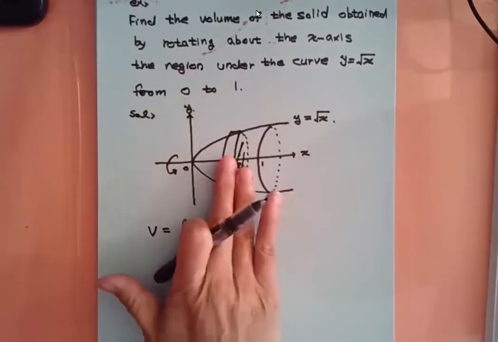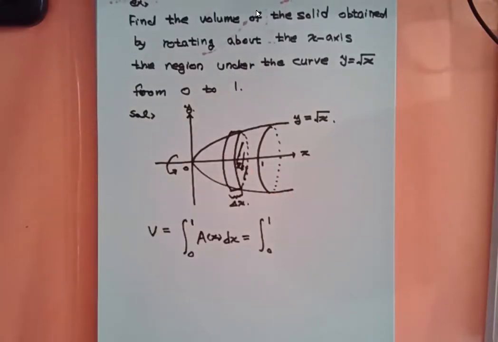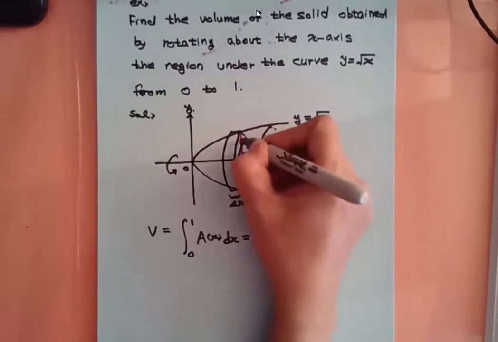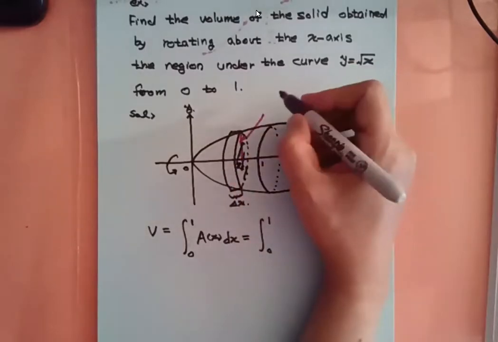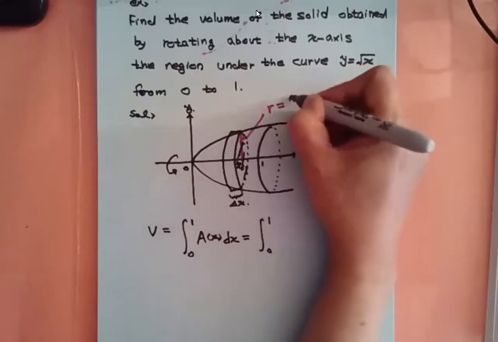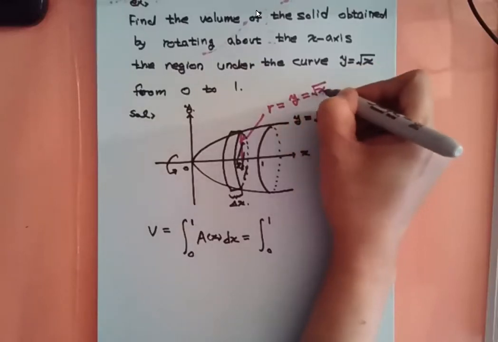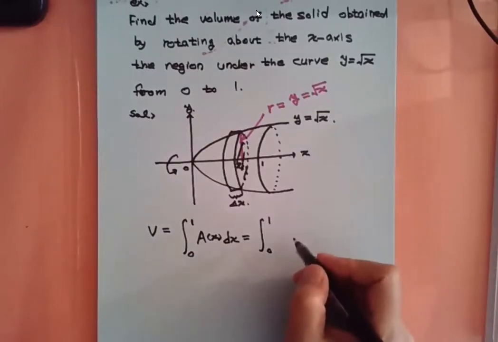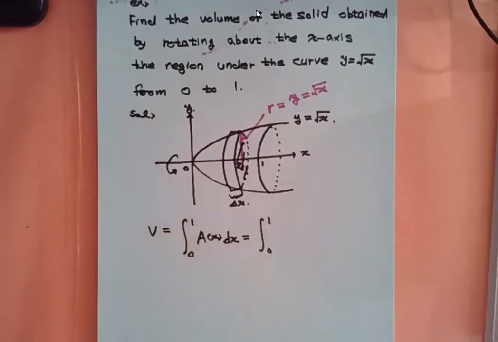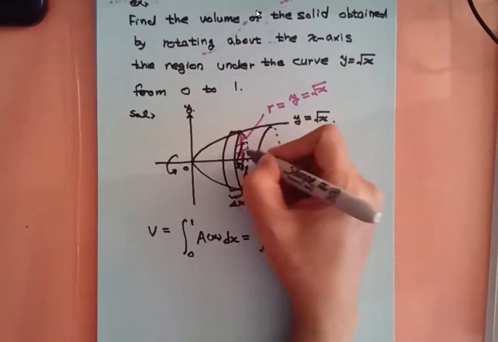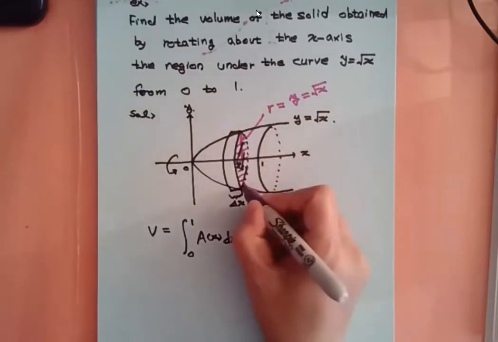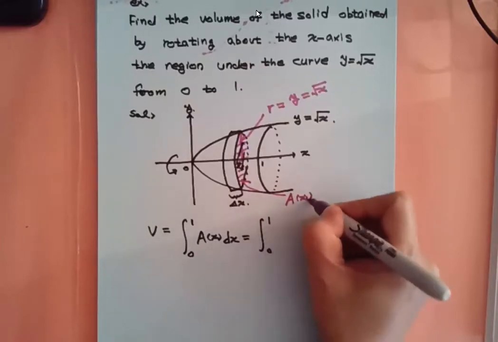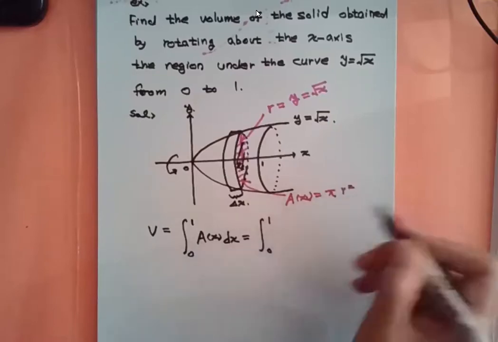This part is a disk because we are rotating around the x-axis. The radius is this amount, which is the y value. So the radius will be y, which is defined as square root of x in this problem. And then the area of this disk equals pi r squared.